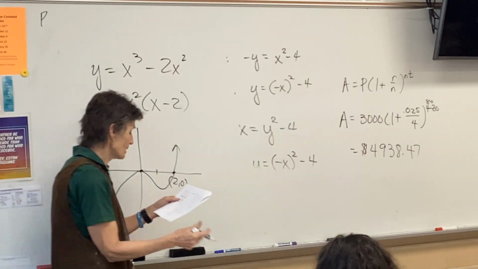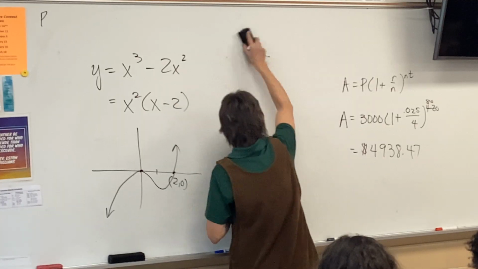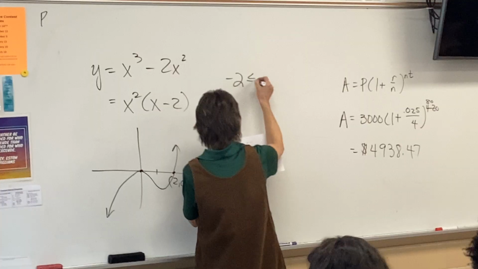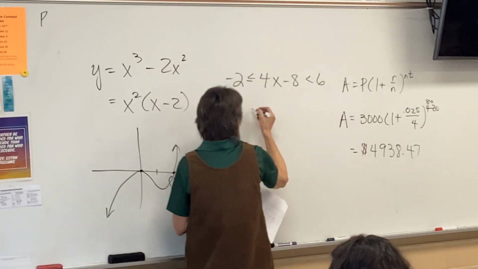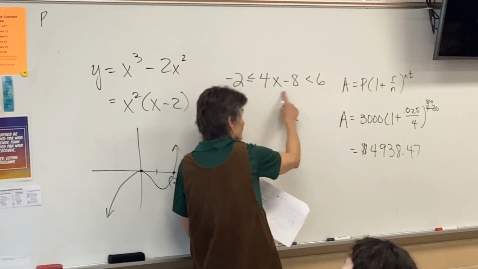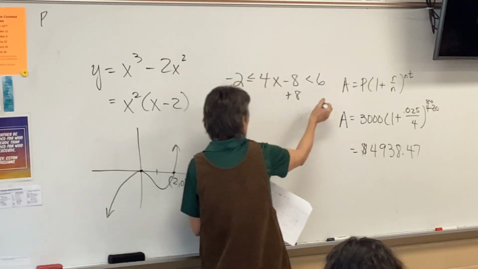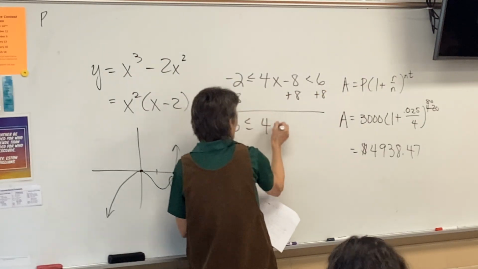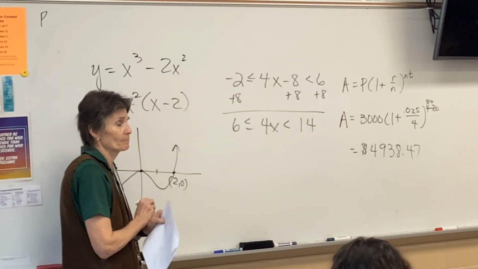Can you do number 4? 4, solving compound inequality. Really, really simple to do if you just leave it in one piece. If I said get x by itself, what would you need to do here? Add the 8. We just gotta make sure we add it to all the pieces of the problem. So we'll add the 8 to all the pieces of the problem.